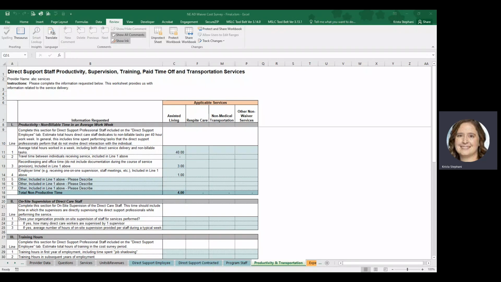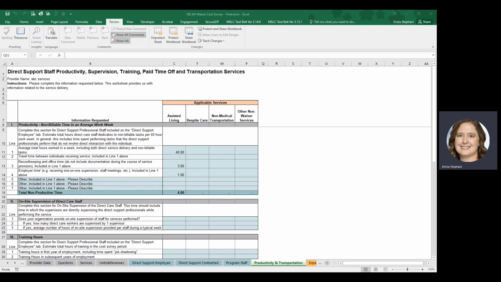The information contained in this training module will relate and provide guidance to the Productivity and Transportation tab of the cost survey that is being conducted by the State of Nebraska Department of Health and Human Services for the Aged and Disabled Waiver and Pass services.